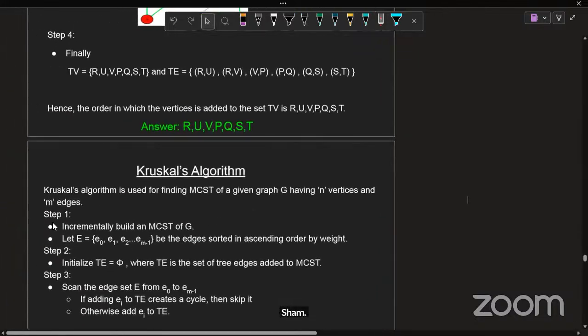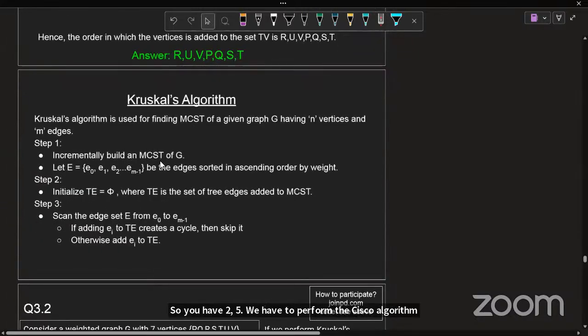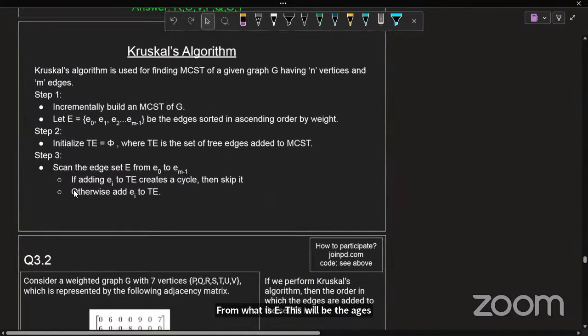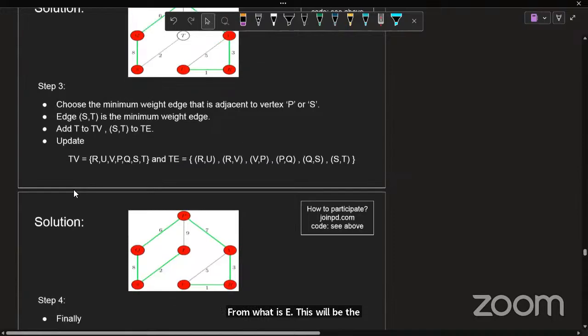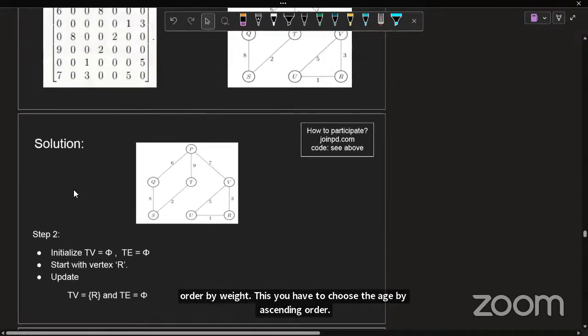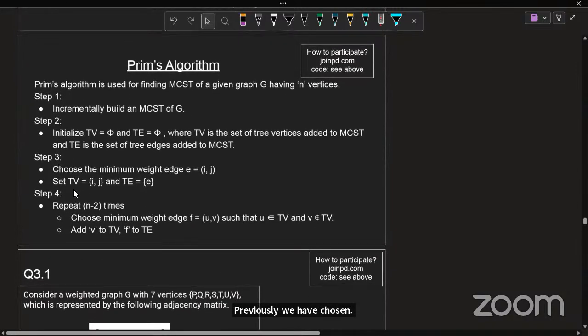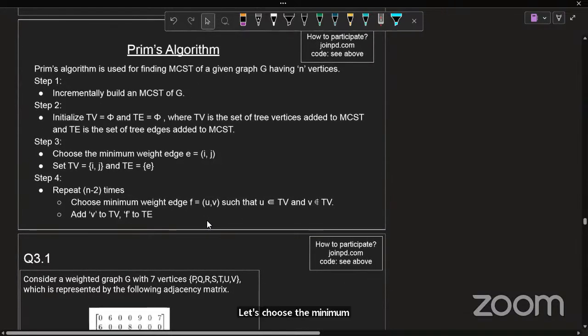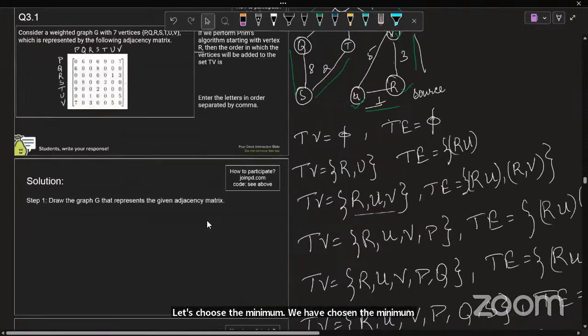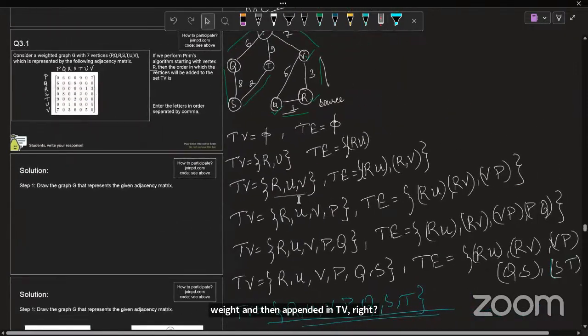What does this algorithm say? It finds the minimum cost spanning tree of a graph from E, with the edges sorted in ascending order by weight, meaning you choose the edges in ascending order. Previously, in Prim's algorithm, we chose the minimum weight and appended it to TV.